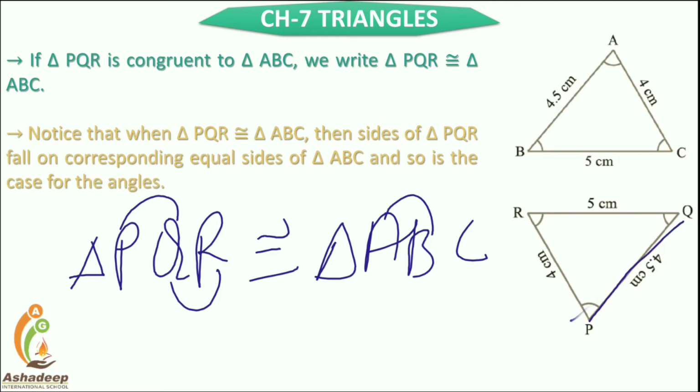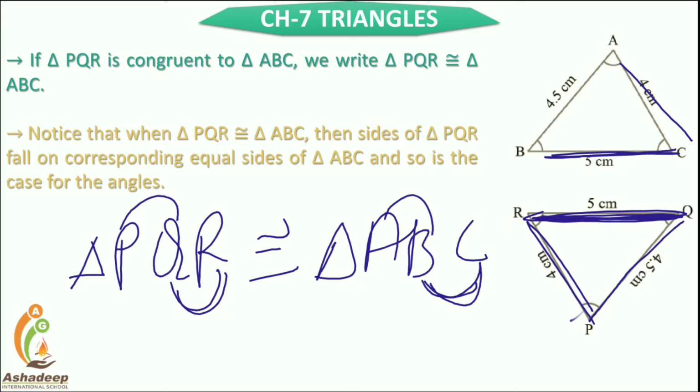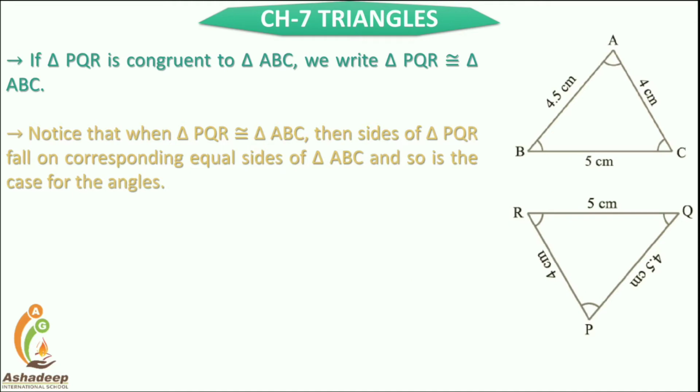QR is 5. So BC is also 5, right? So QR and BC are also there. And then what we need to see is AC is 4. See here the PR, so AC and PR. So this is the way, right?